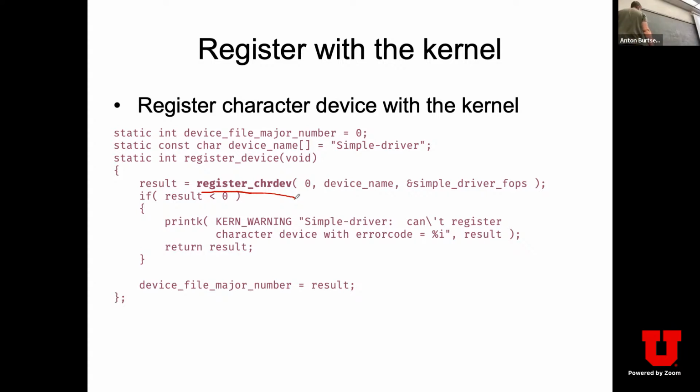Roughly speaking, the operating system maintains, again, reasons are partially historical, so I'm not saying that it's an ideal way to go about it, but it maintains a table of major numbers and minor numbers, and you register into this table saying I will be servicing this specific pair of major and minor, right?